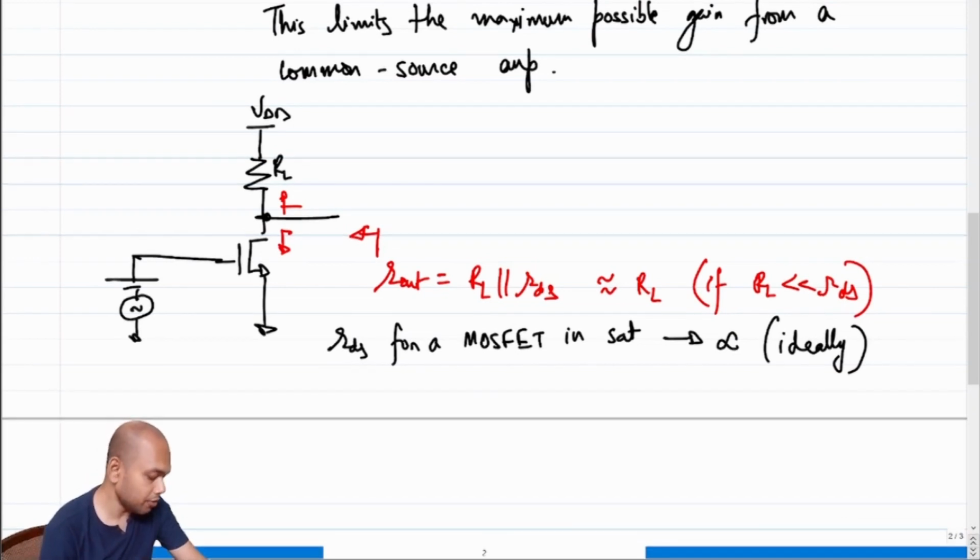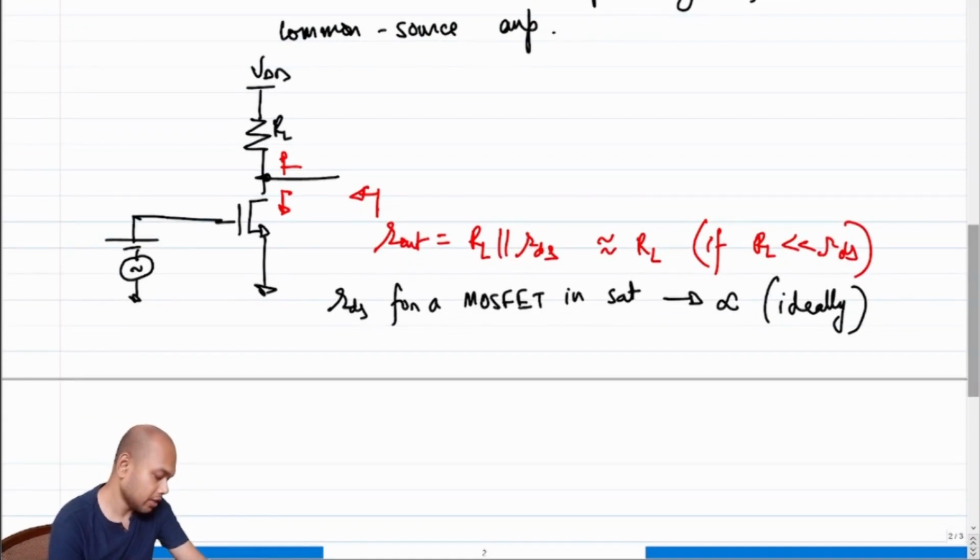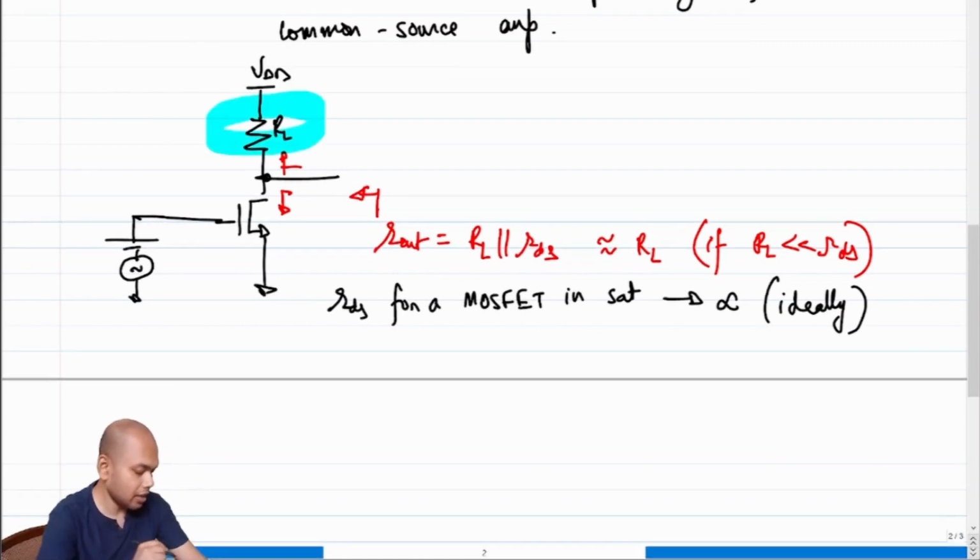So essentially what we are saying is, in place of this device RL, if we can put another transistor whose drain terminal is connected to this node, then we are all set.